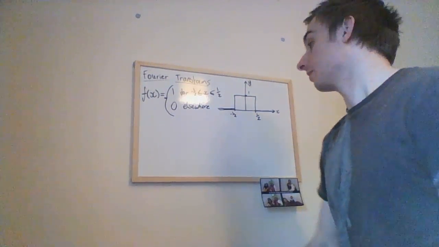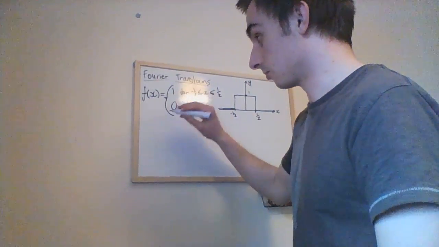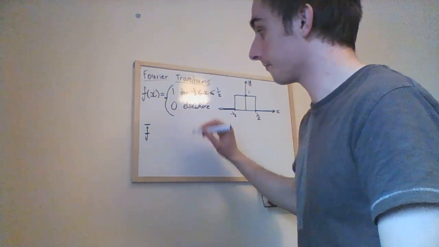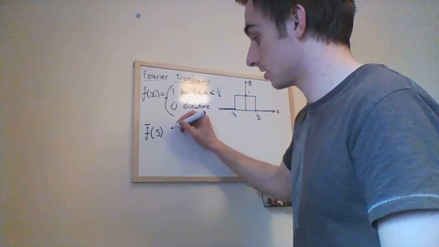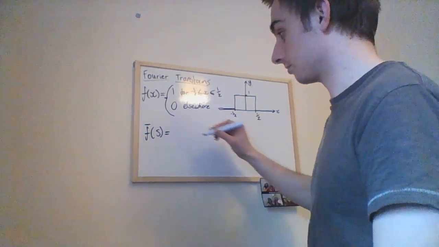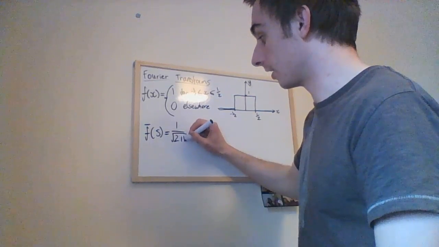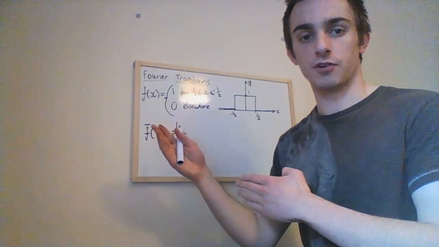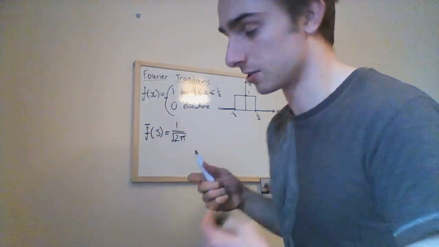We want to transform it in terms of the conjugate component of what x is. So our function in terms of some new variable, let's just call it s, is equal to 1 over the square root of 2 pi. Don't worry about where this comes from. This is just a factor that helps whenever we do the Fourier transform again for it to be close to what it originally was.